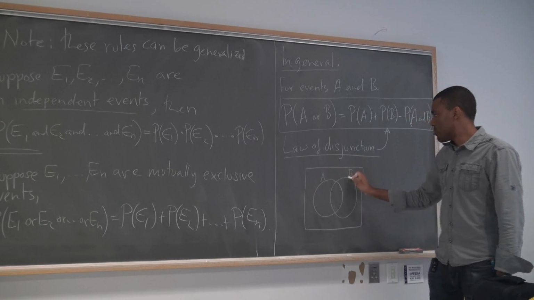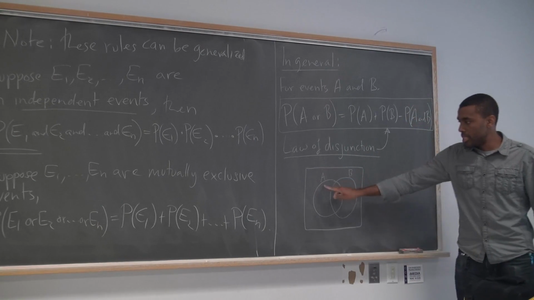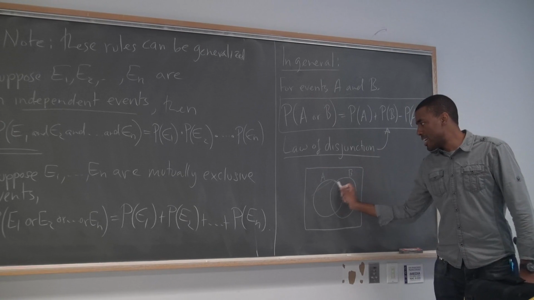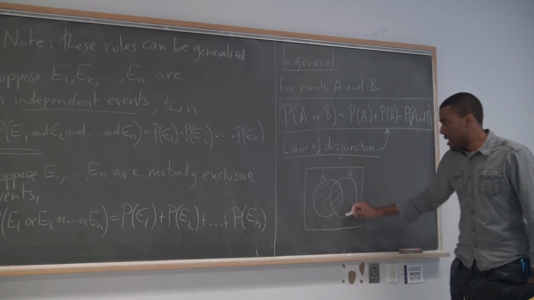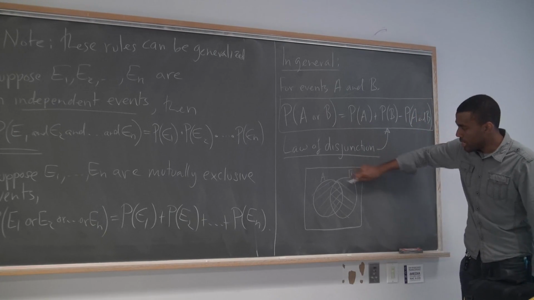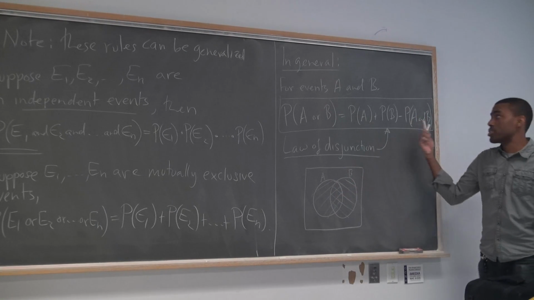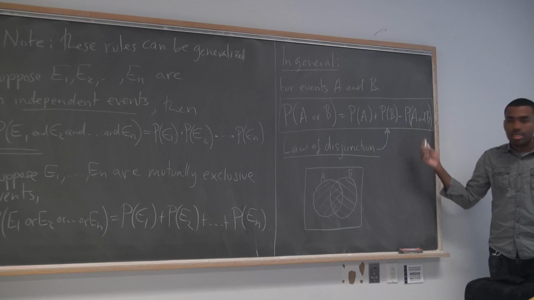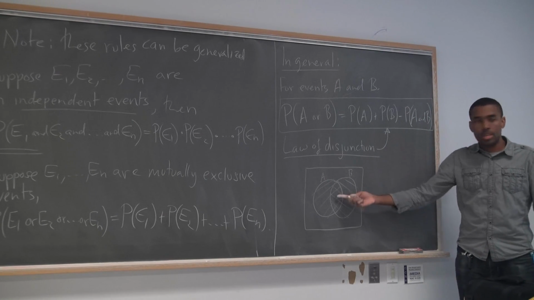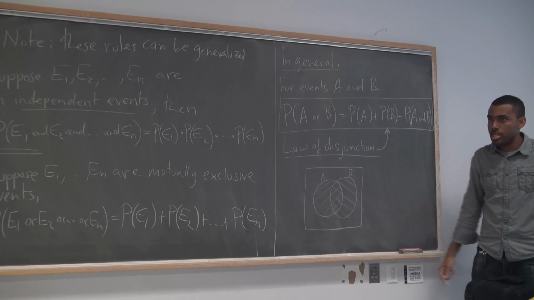So if the circles represent the possibilities in A and B, well, if A can happen, it's all of that. And if B can happen, it's all of that. And notice that you counted the middle, the intersection, twice. And so what you do is you subtract the intersection to get A or B, but not both, because you'd have double counted. That's sort of the idea.